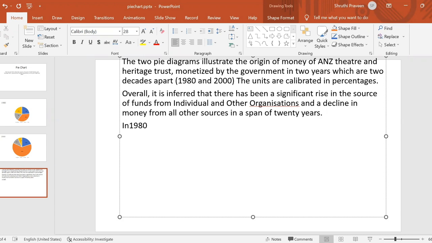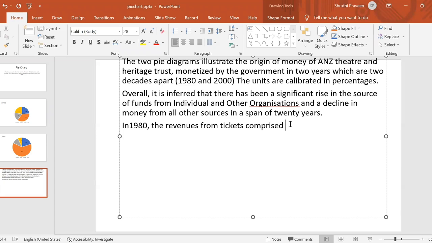In 1980, the revenue from tickets comprised of, I'm very fond of using pie chart terms, comprised of, accounted for, and represented.